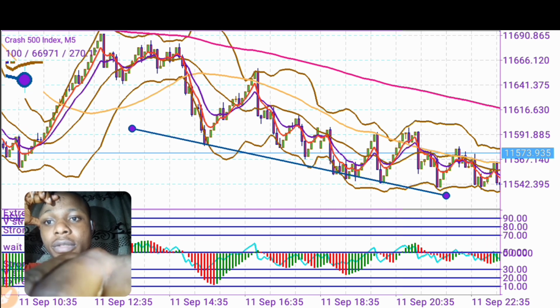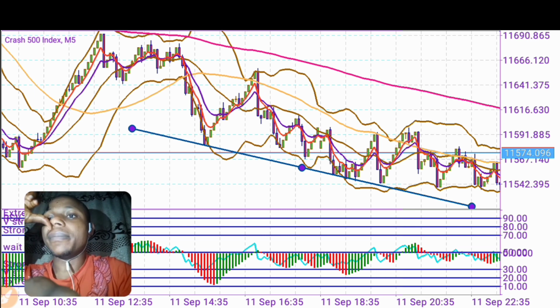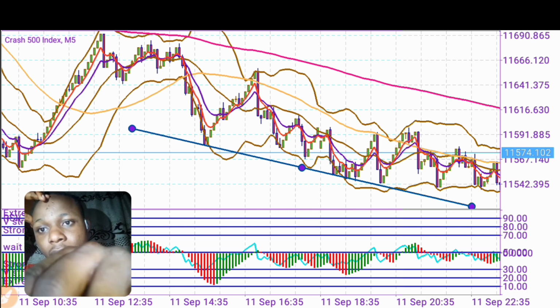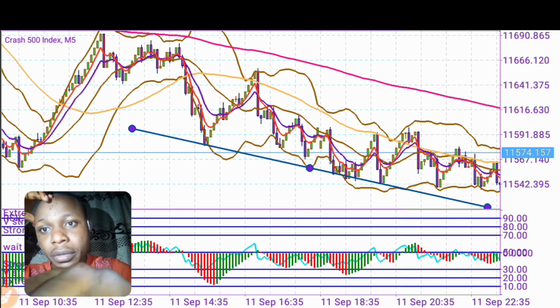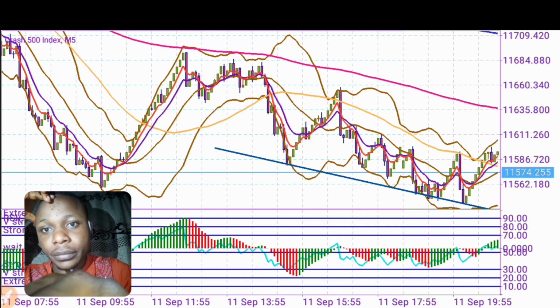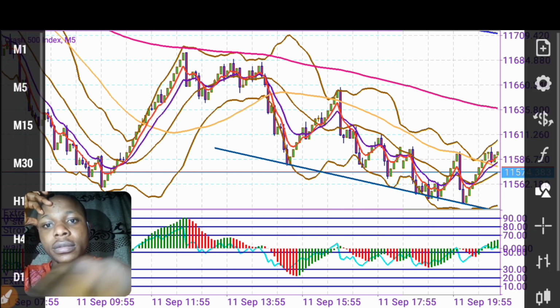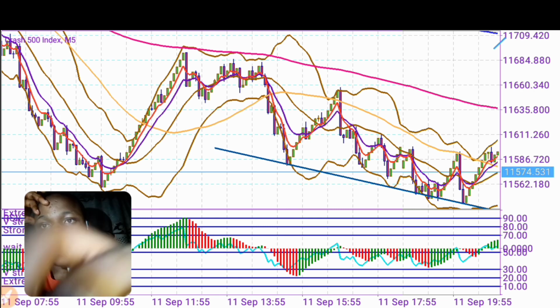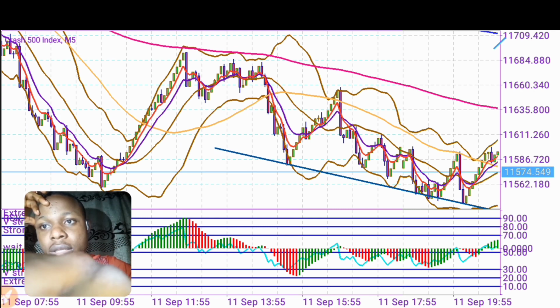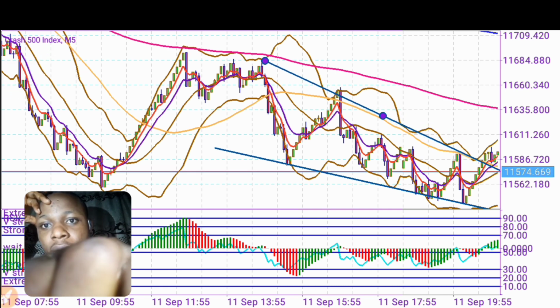Remember, I told you it must be touching the previous low and the current lowest. And also for the higher trend line, it must be touching the highest. Let's take it from here. Okay, we have another one here.